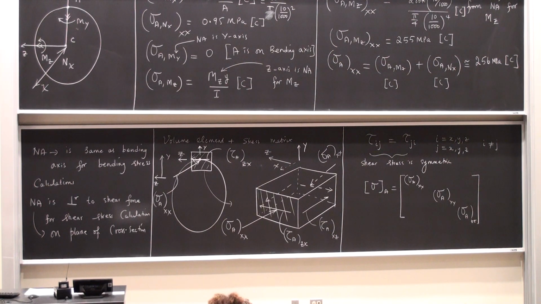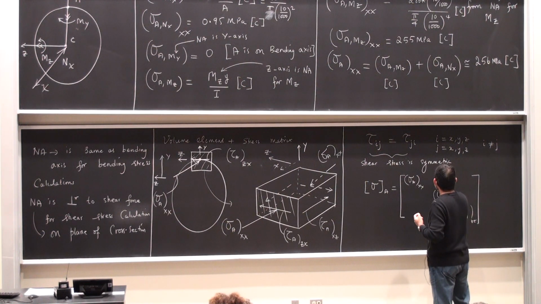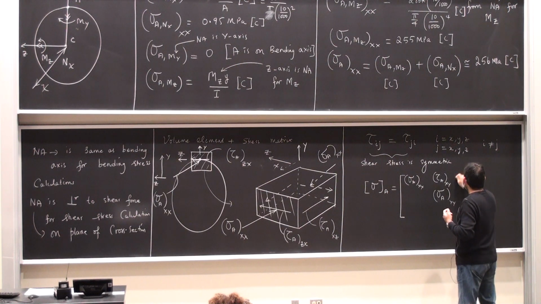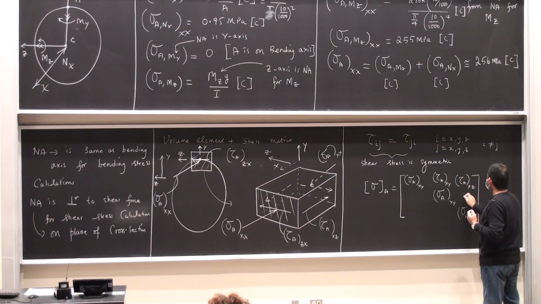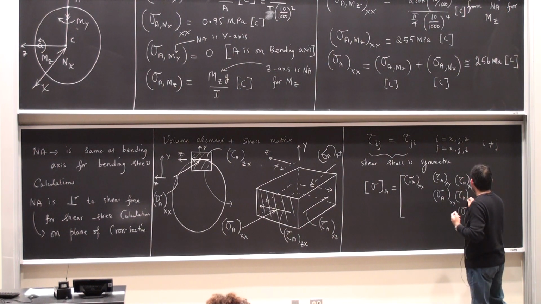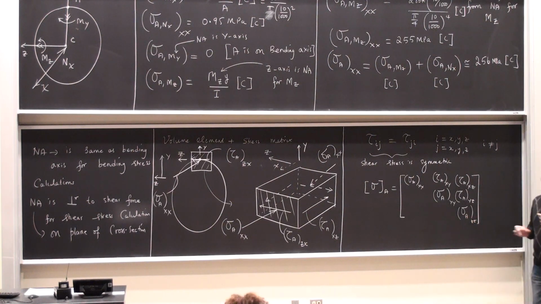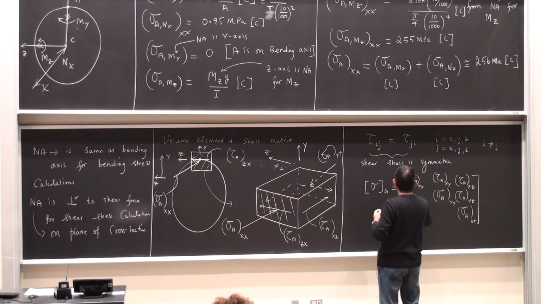The off-diagonal elements are all completely symmetric, so it is sufficient if you write only the first set. So this is tau A XY, XZ, tau A YZ. Everything else is just going to be symmetric. So this is also tau A XY.